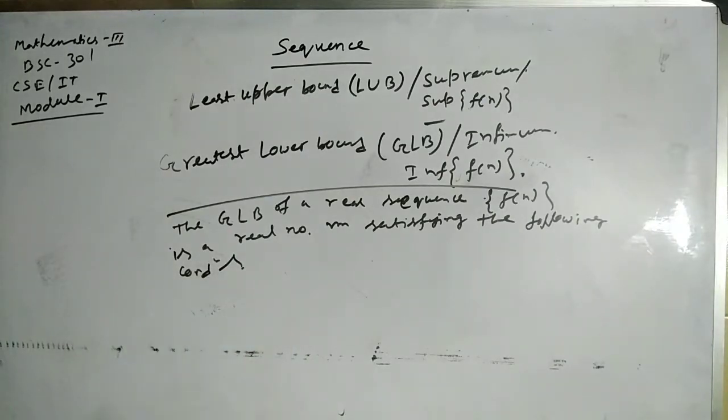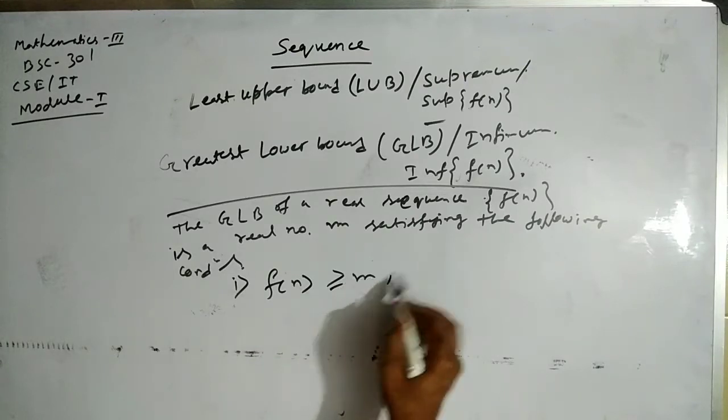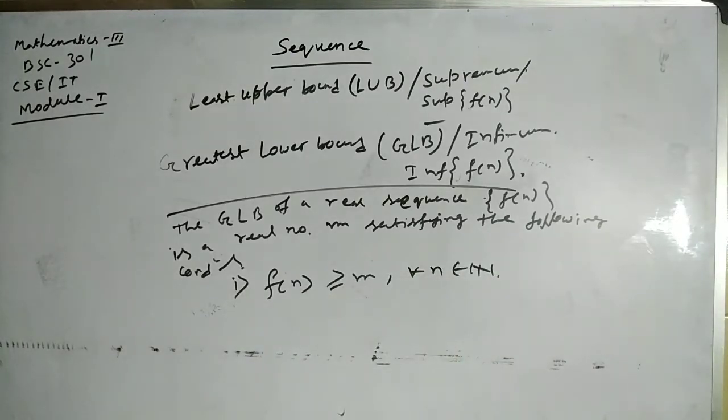Okay, so condition number 1 is Fn is greater than or equal to m for all n belongs to natural numbers, that is m is a lower bound. m must be a lower bound, that is, the greatest lower bound or infimum is a lower bound.